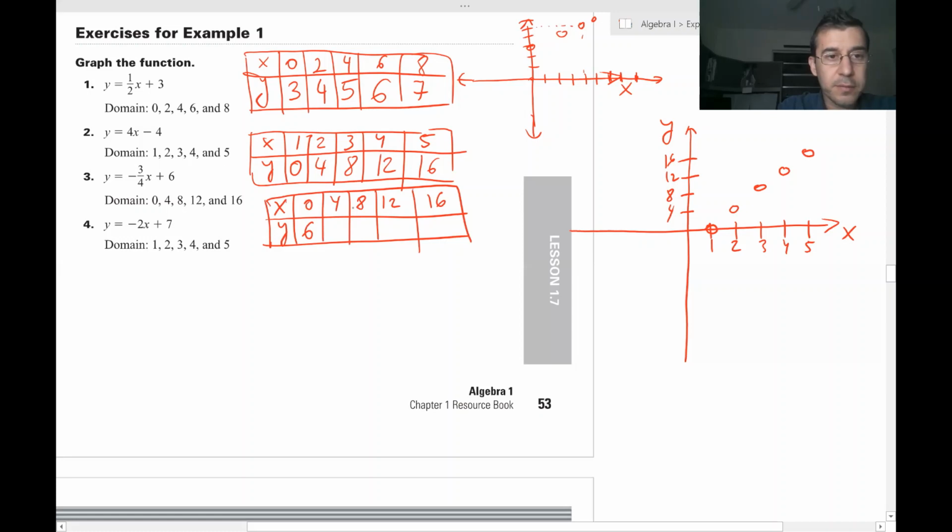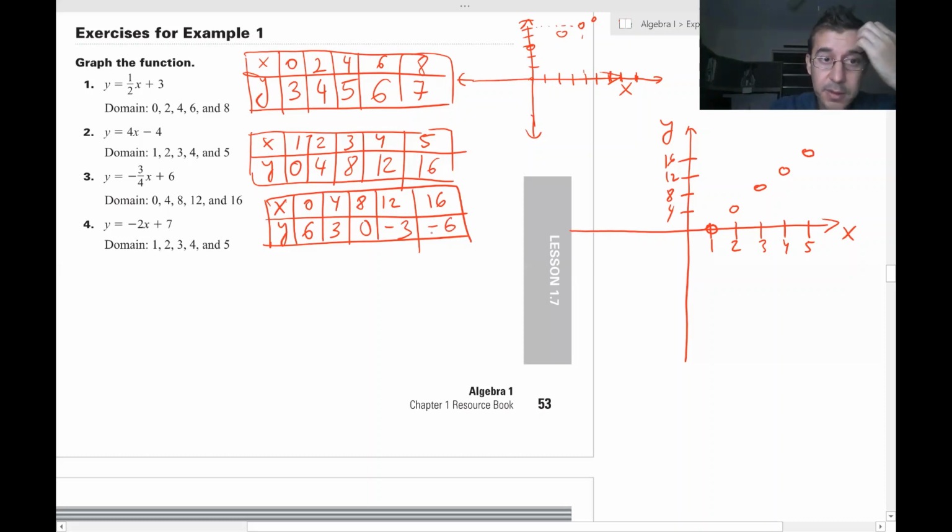When x is 4, the 4 and 4 cancel out, so minus 3 plus 6 is 3. When x is 8, 3 times 8 is 24, over 4 is 6, minus 6 plus 6 is 0. When x is 12, 36 divided by 4 is 9, minus 9 plus 6 is minus 3. When x is 16, 48 divided by 4 is 12, minus 12 plus 6 is minus 6.